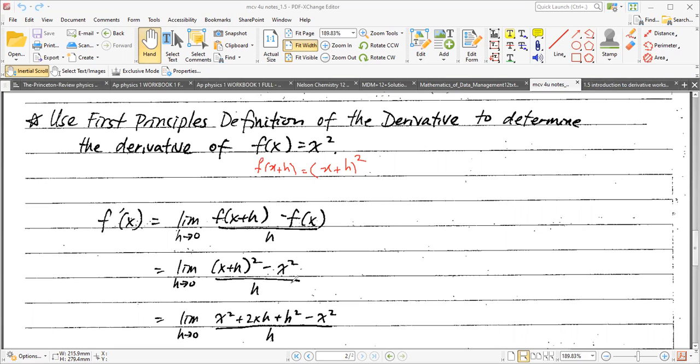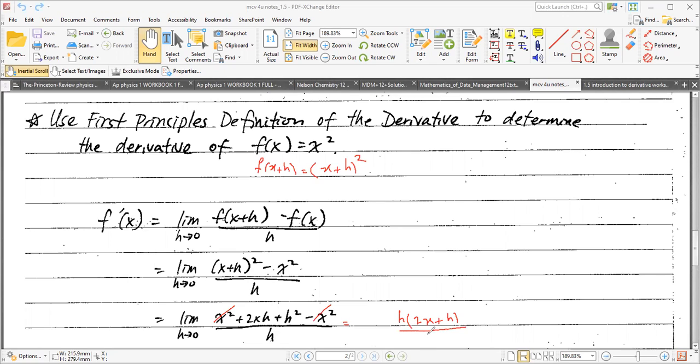So what you do is you need to simplify. So x plus h power 2: the first one power 2, plus twice the first multiplied by the second one, 2xh, plus the last one power 2, h power 2, minus x power 2. And you see x power 2 and x power 2 cancel. Then you can factor out h from the numerator. It's going to be h times 2x plus h, right?